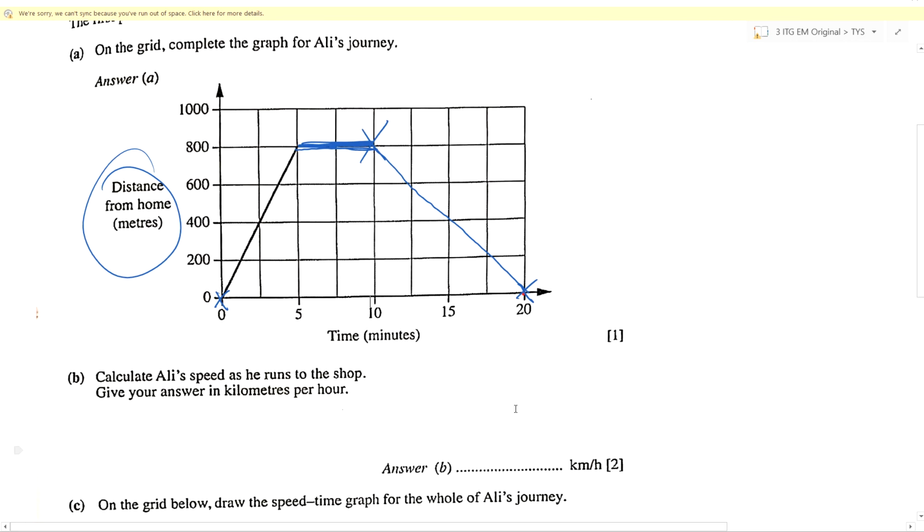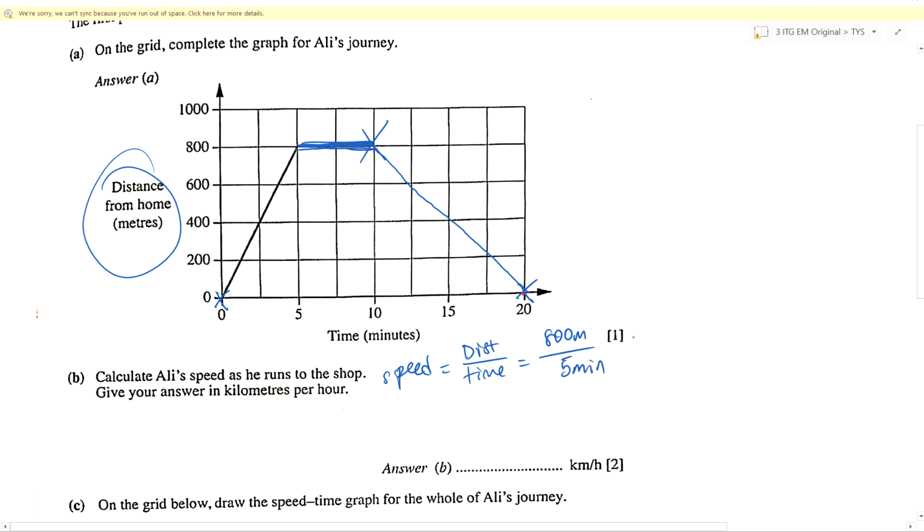Okay. Now, next, part B. Calculate his speed as he runs to the shop, giving an answer in kilometers per hour. So distance, speed is our distance over time. We can use this because it is a constant speed. So the distance traveled 800 meters over 5 minutes. However, they want it in kilometers per hour.